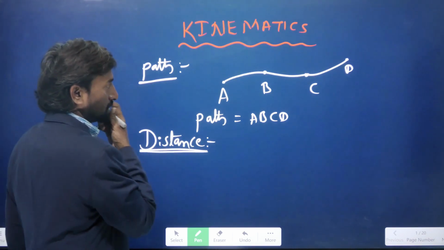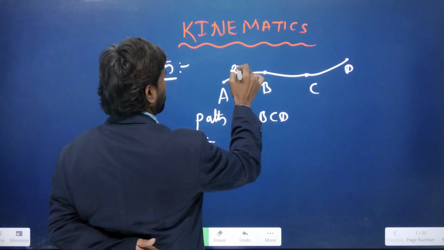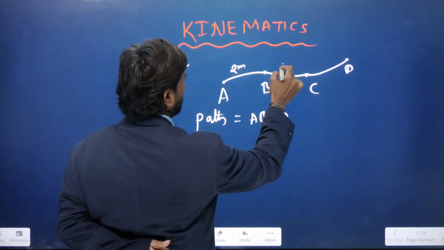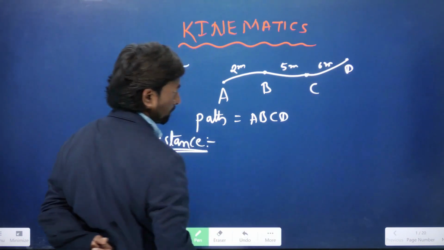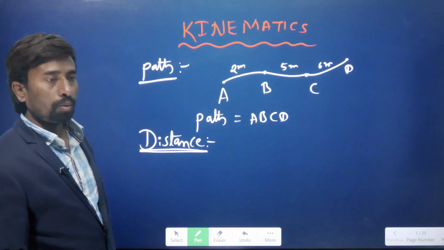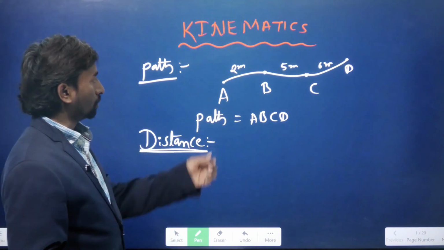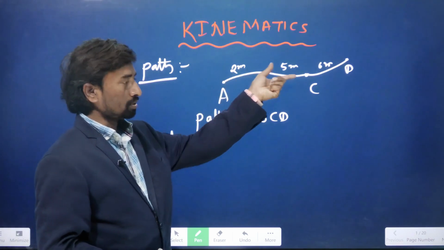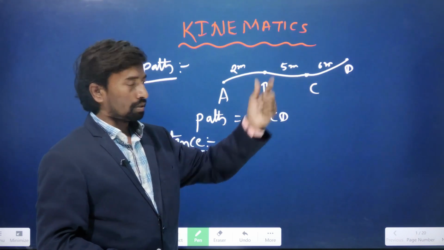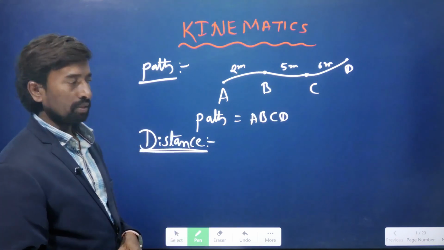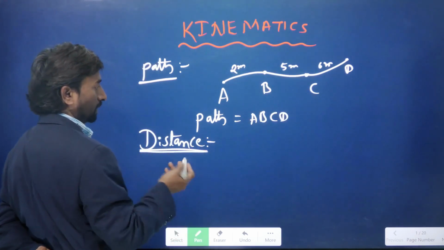Suppose from position A to position B it is 2 meters, from B to C it is 5 meters, and from C to D it is 6 meters. Then how much distance has the body travelled from A to D? To know that, we have to measure each small part, A to B, B to C and C to D, and sum them up. Then we will get the distance.